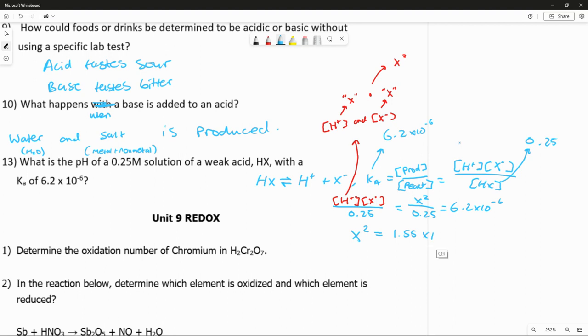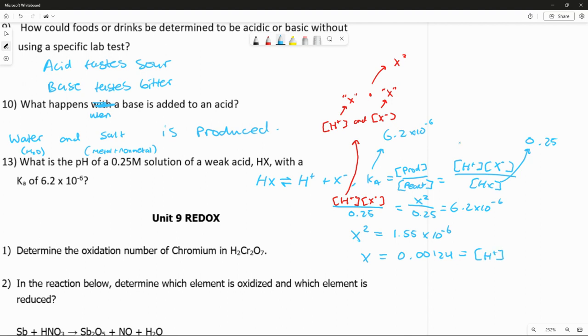And we square root this, and we make x equal to 0.00124. Each x is the concentration of H plus and the concentration of X minus, so this equals the concentration of H plus.